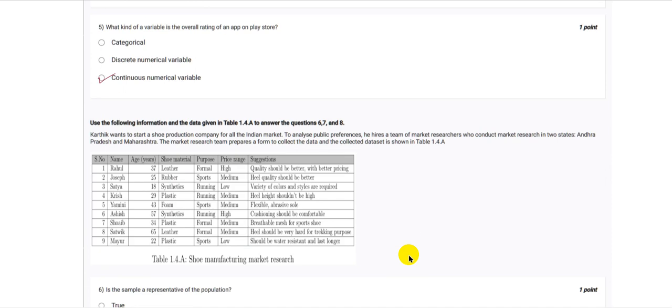So what is the difference between a discrete numerical variable and a continuous numerical variable? When the number takes only integer values, that is a discrete numerical variable, and when the number is any value like 1, 1.5, 1.34, any value, that is a continuous numerical variable. Here the overall rating is a continuous numerical variable.